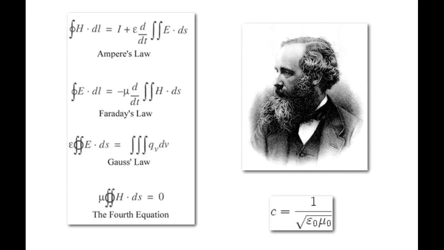And in determining the velocity of this electromagnetic wave, he came up to a particular value, which ended up being the speed of light, which was already determined through other means by a number of scientists, including Foucault and Fizeau. And as a result, Maxwell determined that light was but one example of electromagnetic radiation, and there were other forms.